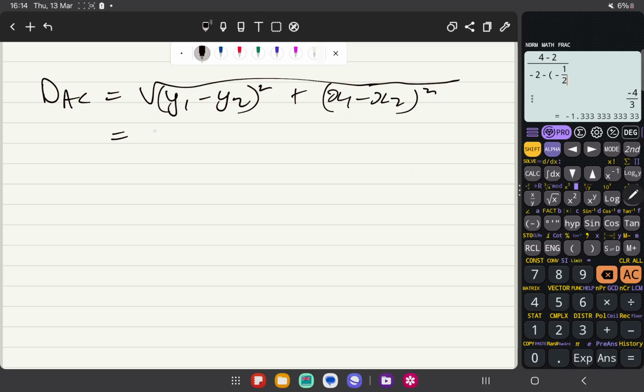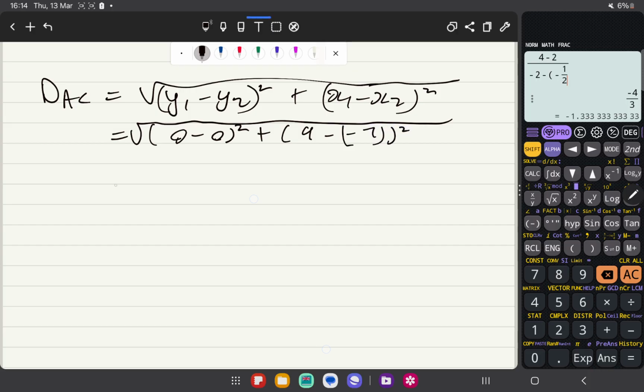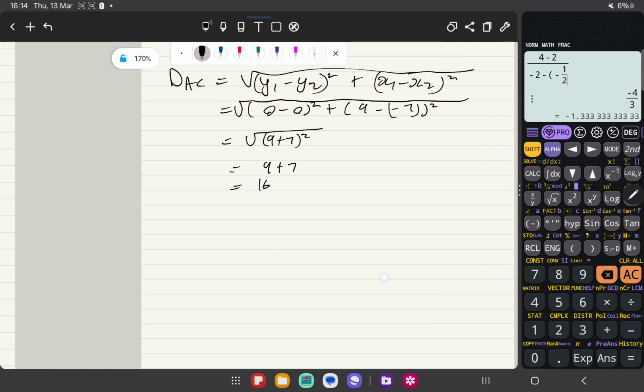And the y values are gonna be 0 minus 0, because we are on the x-axis. AC is on the x-axis, right? And then this is gonna be 9 minus 7 squared, and then 9 plus 7 squared, which is just gonna be 16, right? And then there we go.